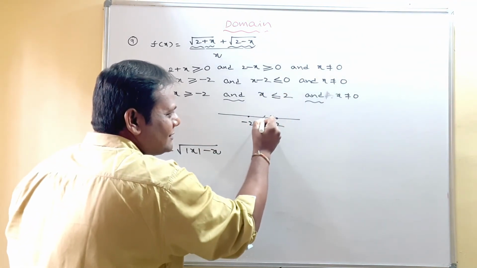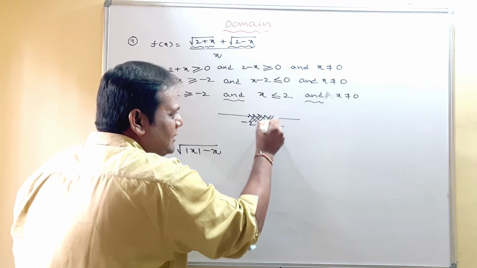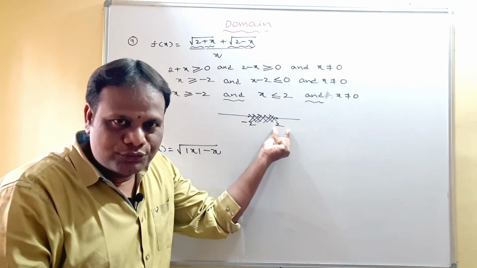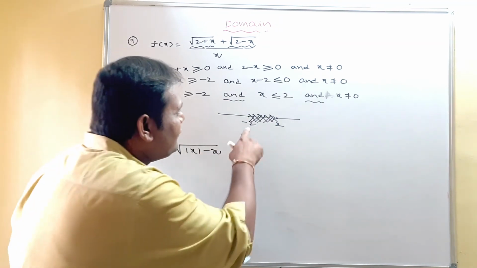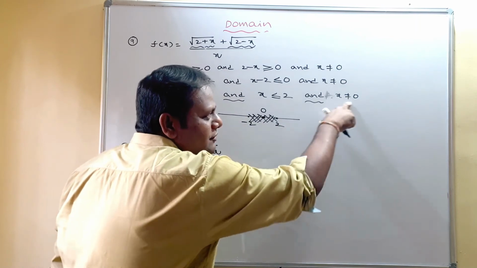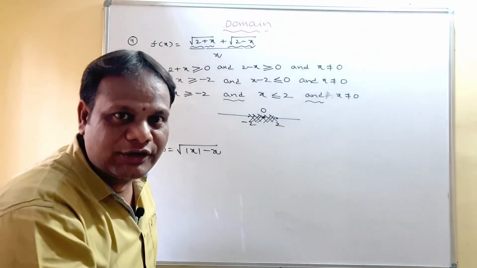So the common part is between what and what? Minus 2 to 2. But between minus 2 and 2, we have 0. But here, what we got? X not equal to 0.